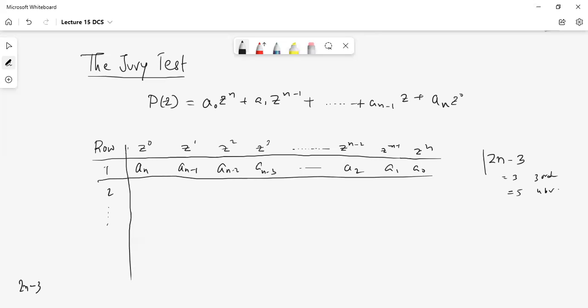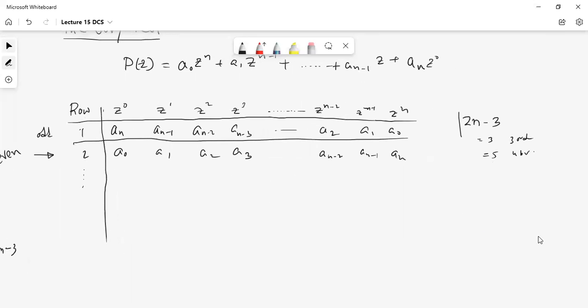All the even rows will be just the reverse of the odd ones. So it will be reversed: a0, a1, a2, a3, then a n minus 2, a n minus 1, and finally a n. This is how you form the even rows.